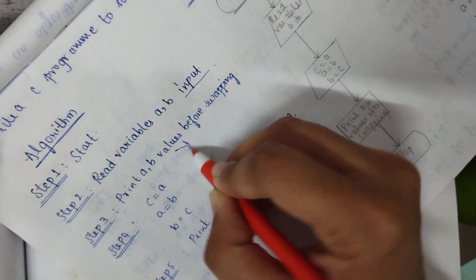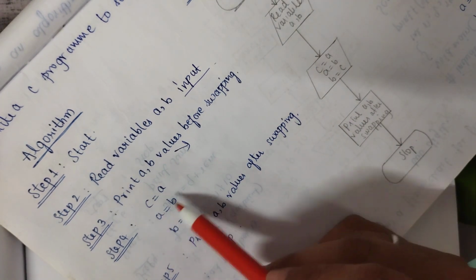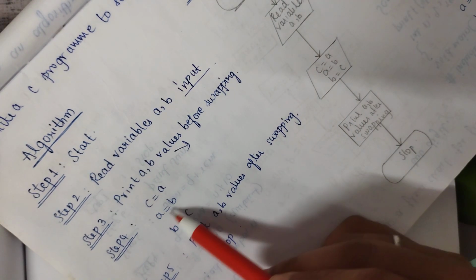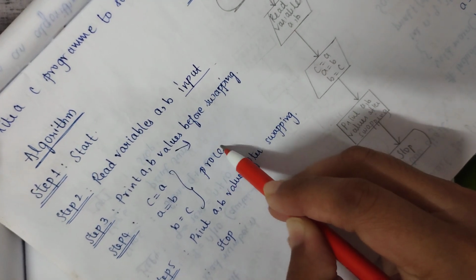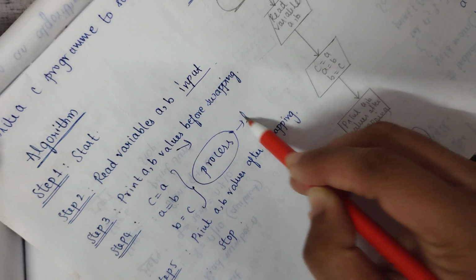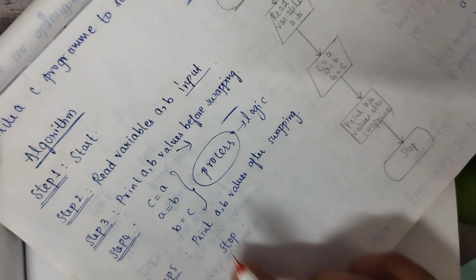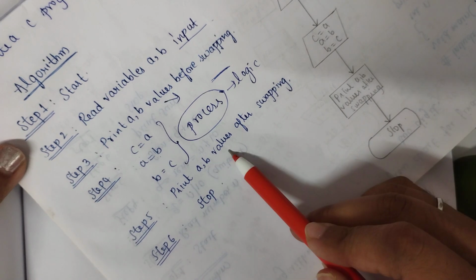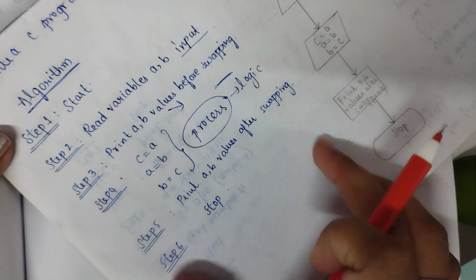Then we have C equals A, A equals B, B equals C. This is the process, the main logic for our program. Then print A and B values after swapping, and stop. Let's see how it's going to work in our code as well.